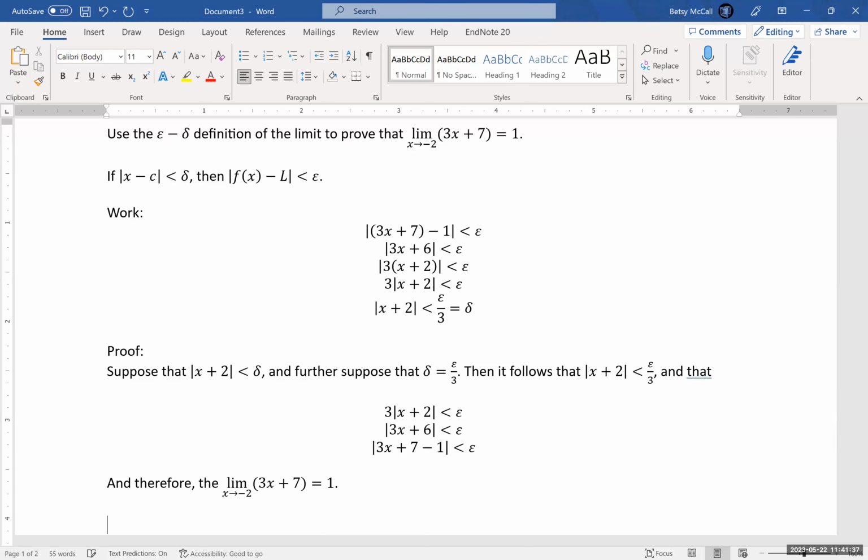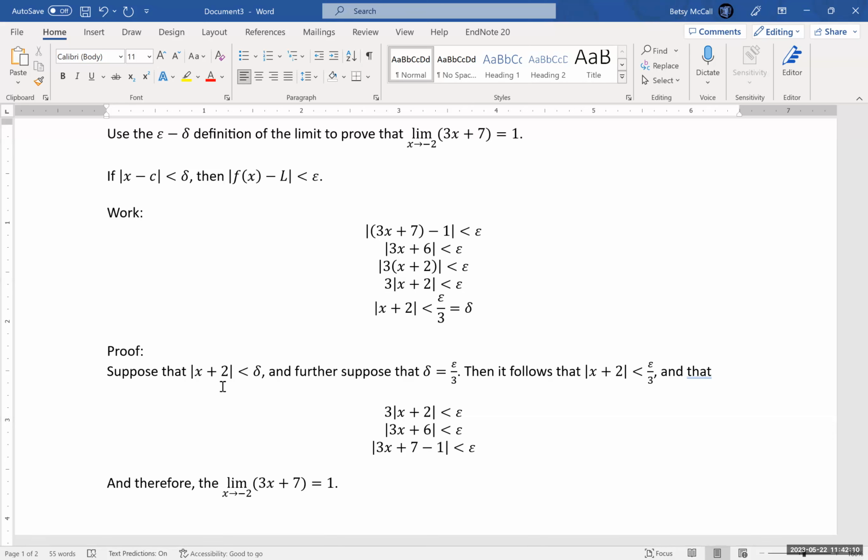We've satisfied the conditions. The limit of our function is equal to L whenever x is close enough to our c value, so less than delta, which is a small value, and that implies that our function minus L is less than epsilon. So what we've established is that we started out with our if statement, which assumes we are within a small value of x plus 2.